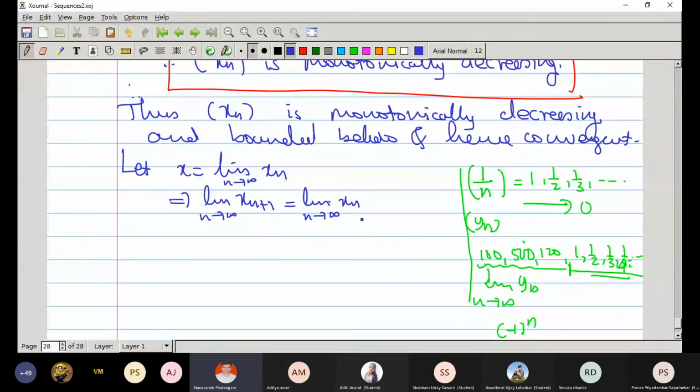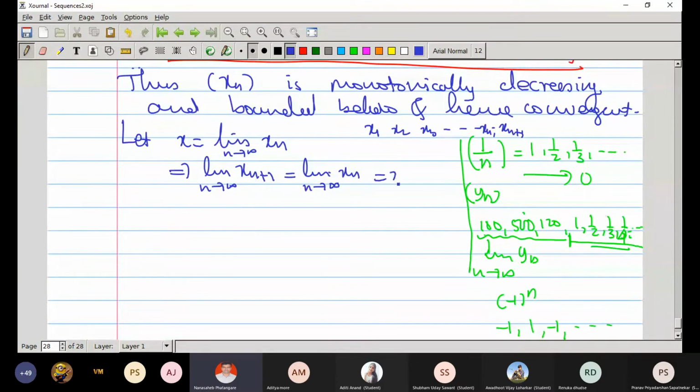Can I say that the limit of xn plus 1 is the same as the limit of xn? Yes, sir. Right? Because x1, x2, x3, when I say xn as n tends to infinity and xn plus 1 as n tends to infinity, xn plus 1 is just one step ahead of xn, but the destiny is the same because they both follow the same sequence. Right? Is x.